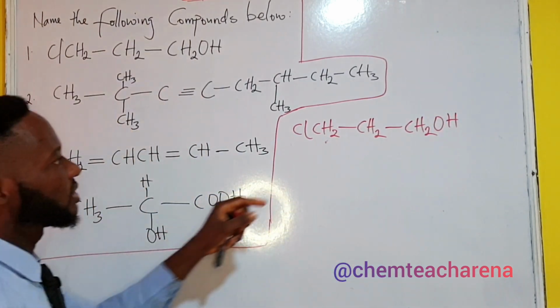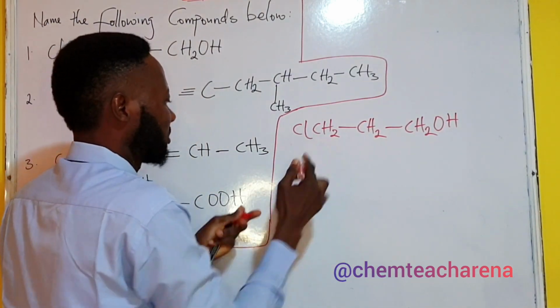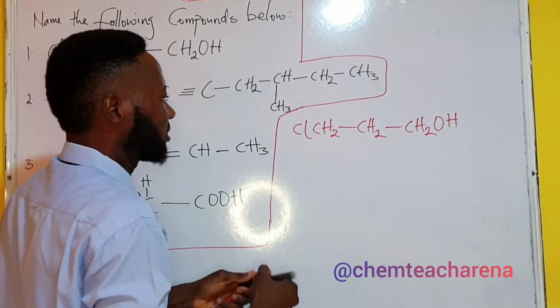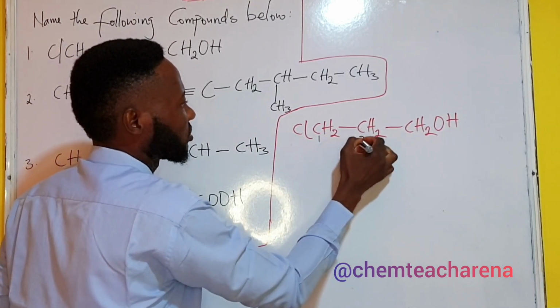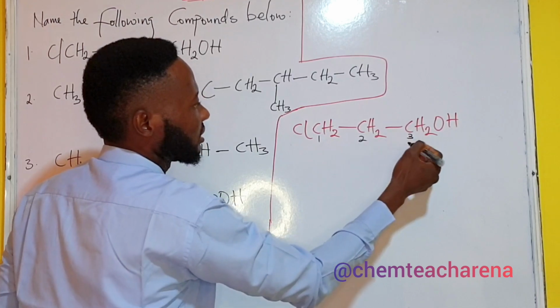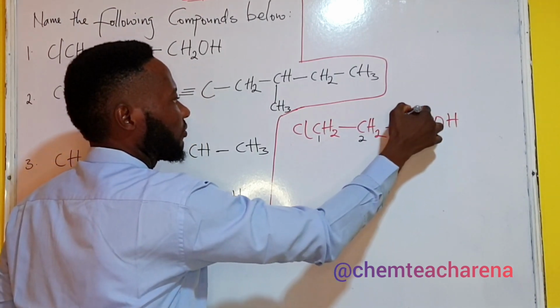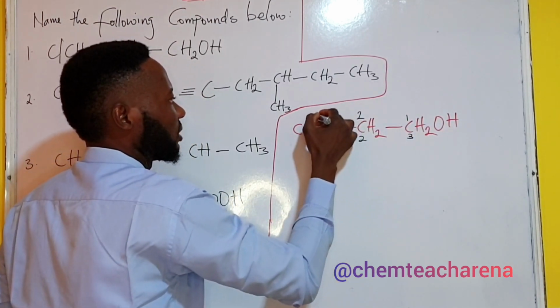Now, how do you name this? Let's count our carbon. We have carbon 1, carbon 2, carbon 3. Then still count from here. We have 1, 2, 3.